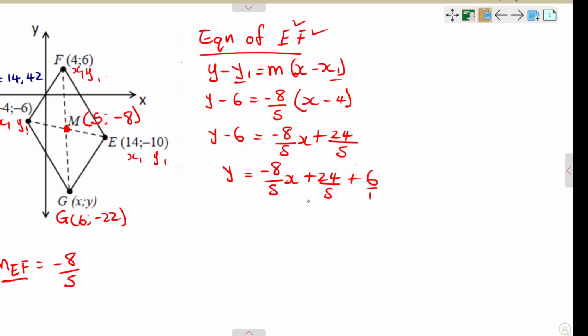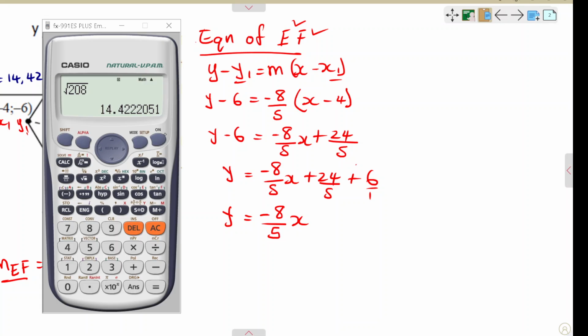So I have to add now these two like terms. So we have y is equal to negative 8 over 5x, 24 over 5 plus 6. Okay, let's quickly do that one here.